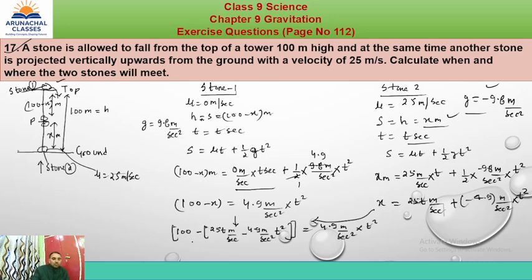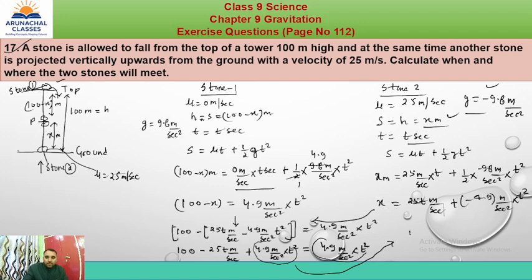Now minus 1 is multiplied inside the bracket: 100 minus 25t plus 4.9 t square equals 4.9 t square. Now if this value goes to this side, it becomes 0.